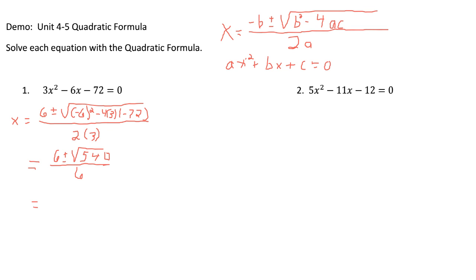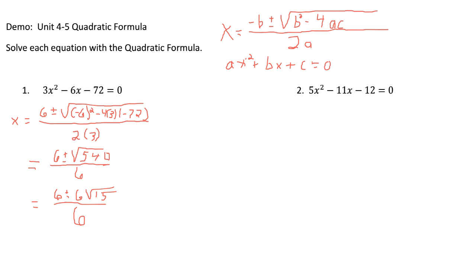So the next step, find out what the square root of 540 is, which is 6 root 15. So we get 6 plus or minus 6 root 15, all that over 6.